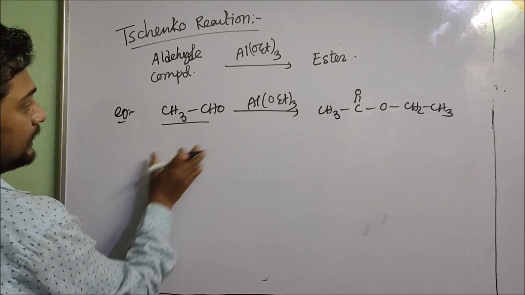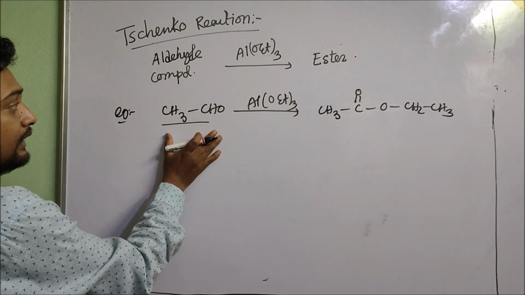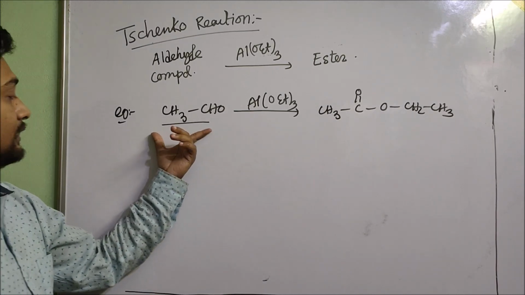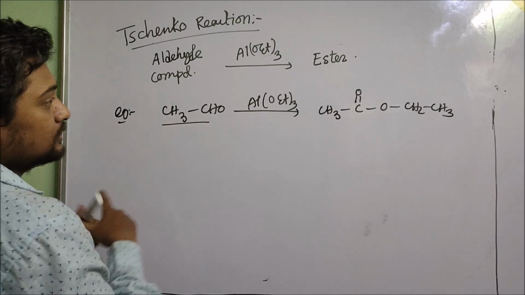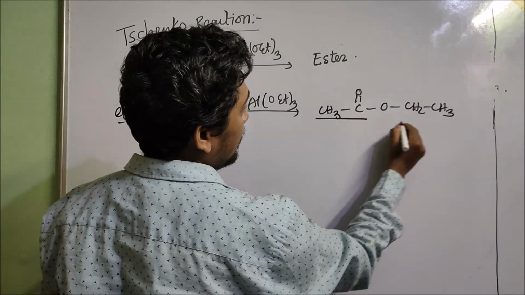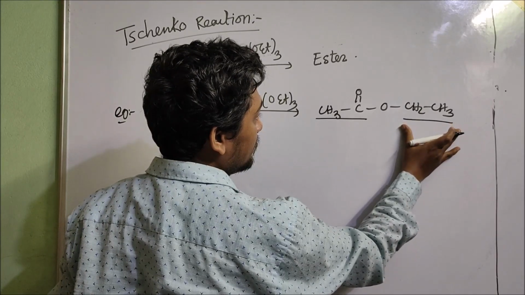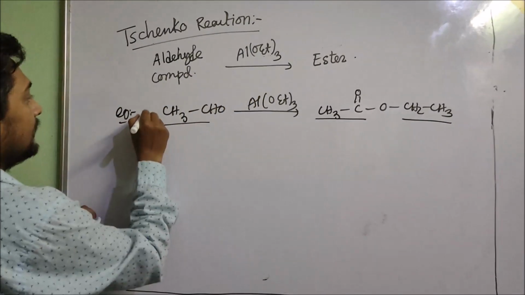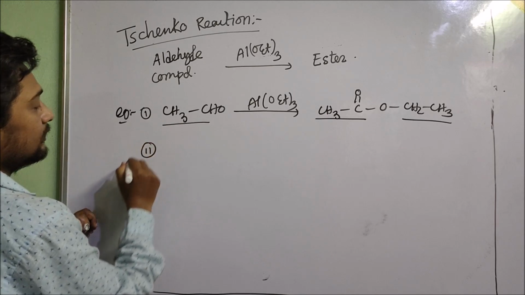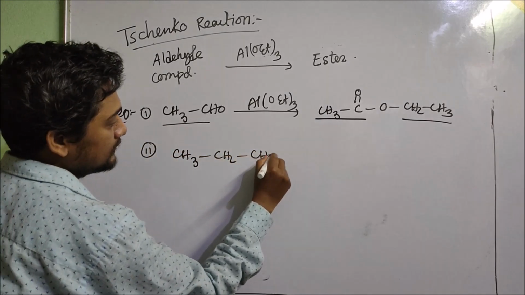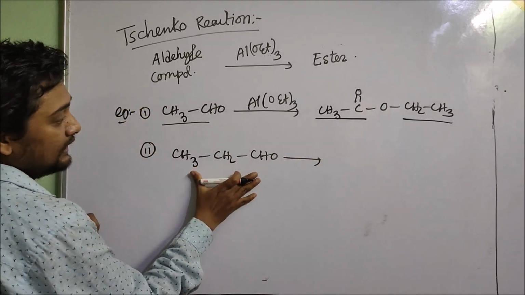Look at the structure here. How many carbons? 2 carbons are there, and here there are also 2 carbons. Again, so how many carbons are there? 3 carbons.